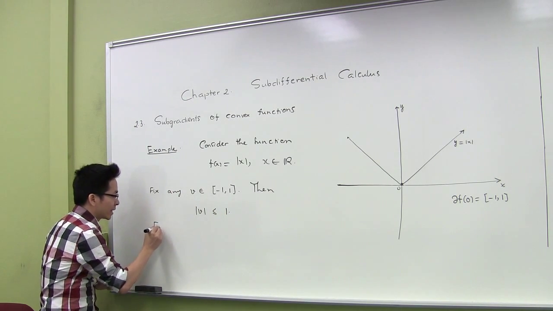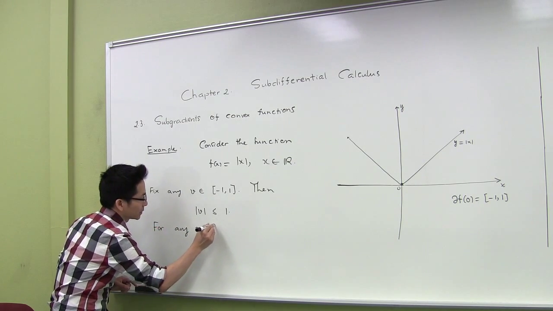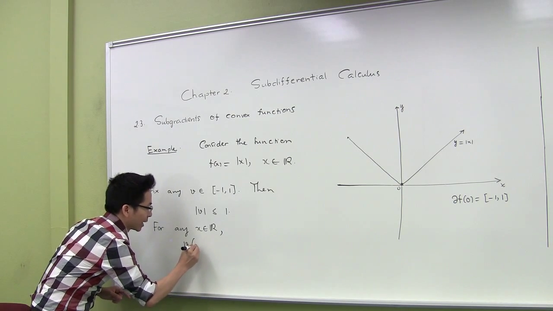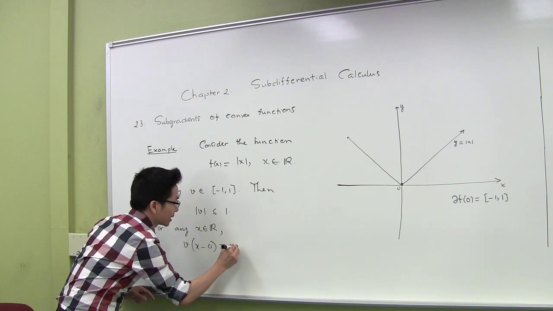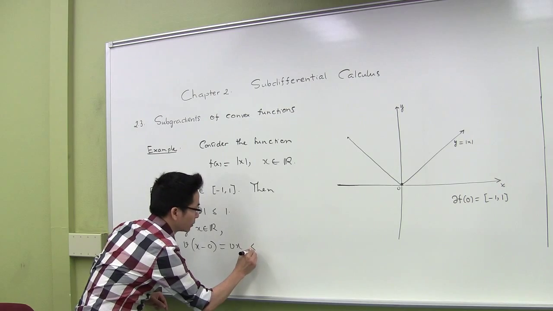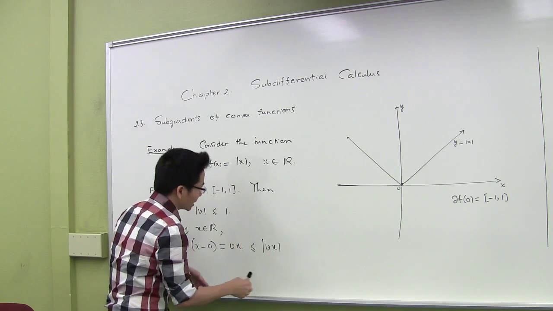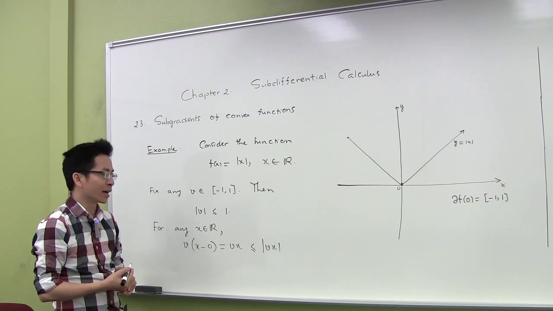Now, for any x in R, v times x minus 0 is equal to v times x, and it is less than or equal to the absolute value of v times x, because a number is always less than or equal to its absolute value.